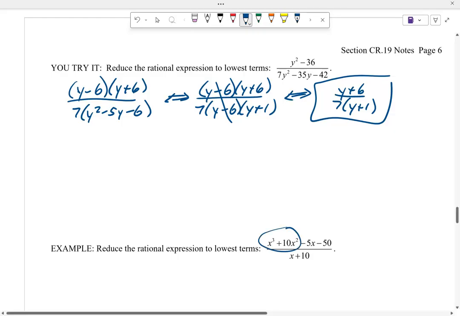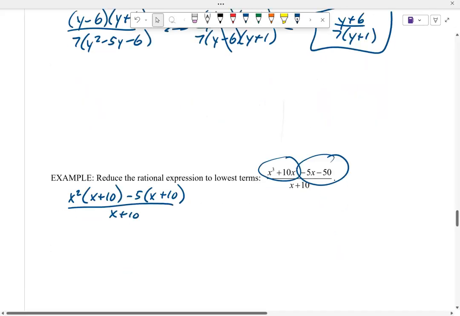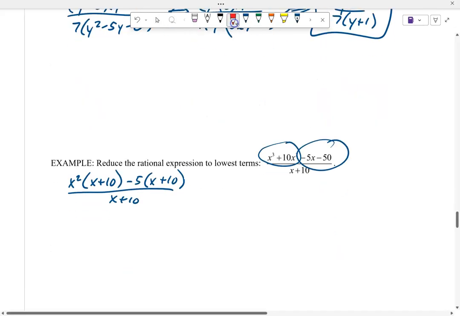So I'm going to look at the first 2, and I'm like, oh, I can take an x squared out of each of those. And then let me look at the minus 5x minus 50. I can take a minus 5 out of those. And see how that would be negative 5x minus 50. And then on the bottom, I still have this x plus 10. Well, factor by grouping said, now I'm going to look at it and notice they both have an x plus 10.